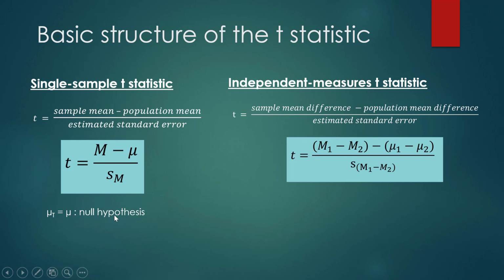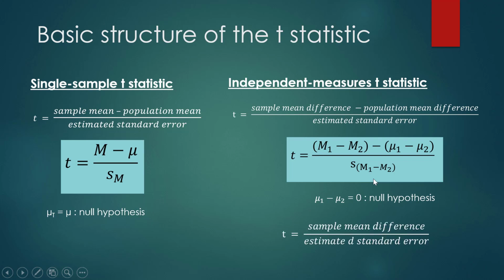Again, our hypothesis there was that the mean of the treated group equaled the population mean, and now we say the mean of population 1 subtract the mean of population 2 equals 0, so there's no difference in those population means. That's where the 0 comes from. Overall, the t formula is the sample mean difference over the estimated standard error. The D is a little out of whack there; it's supposed to be on the end of estimated standard error.